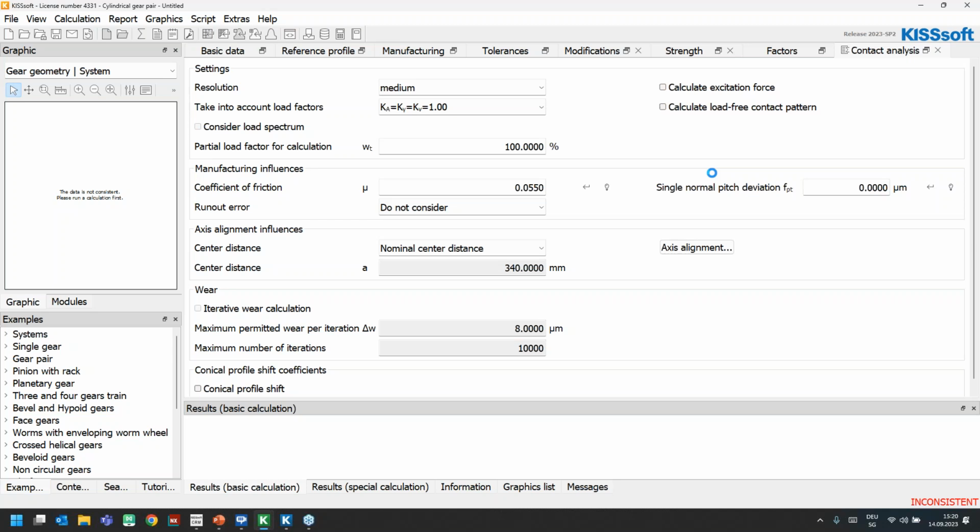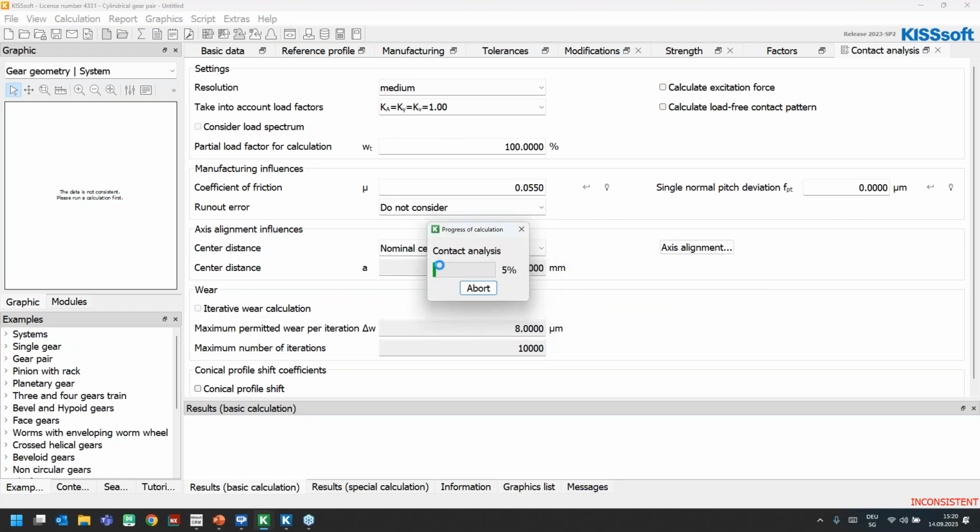So you can also include on a system level a housing stiffness matrix. So basically you can account for the effects of the housing deformation, and this will also then be taken into account in the loaded tooth contact analysis, as well as things like bearing clearance or maybe some manufacturing errors. All of these things can and should be considered in the calculation.